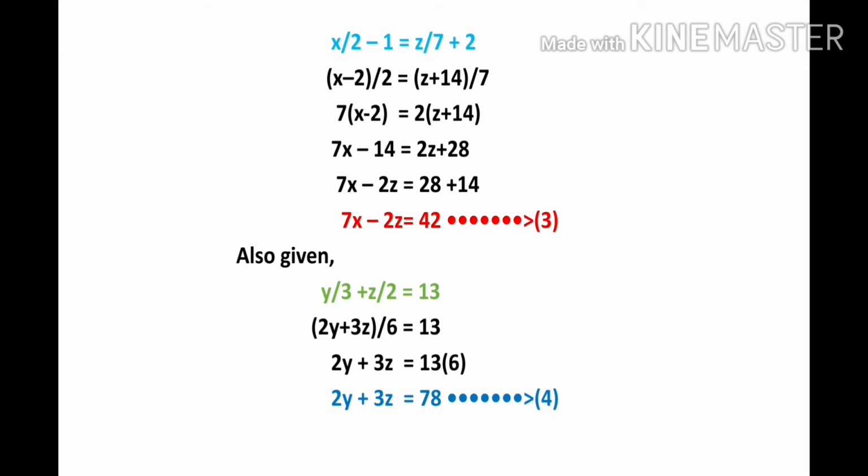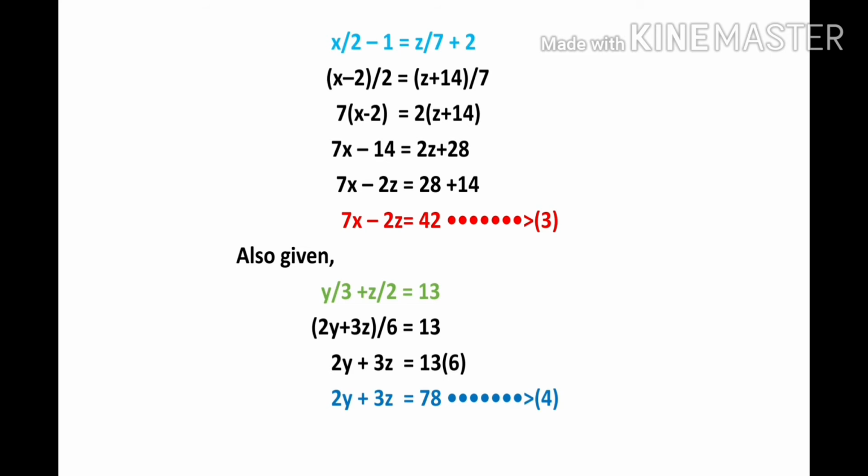Then multiply 7 inside. What do you get? 7 into x, 7x, minus, 7 twos are 14. Likewise, 2 into z, 2z, then 2 fourteens are 28. Then separate the terms. I transform 2z to the left hand side, this positive becomes negative.